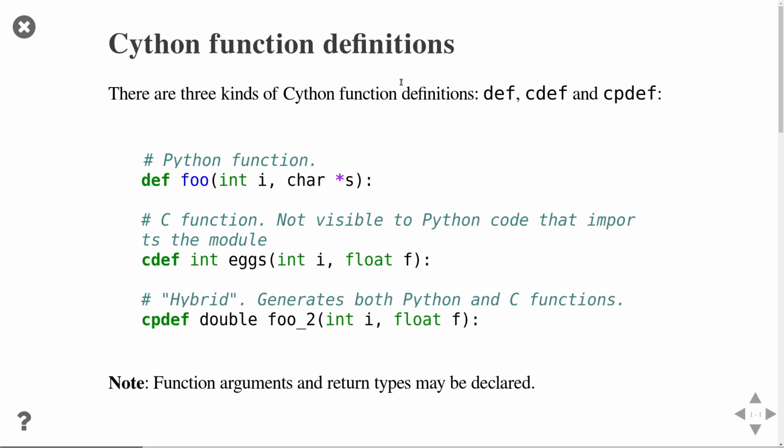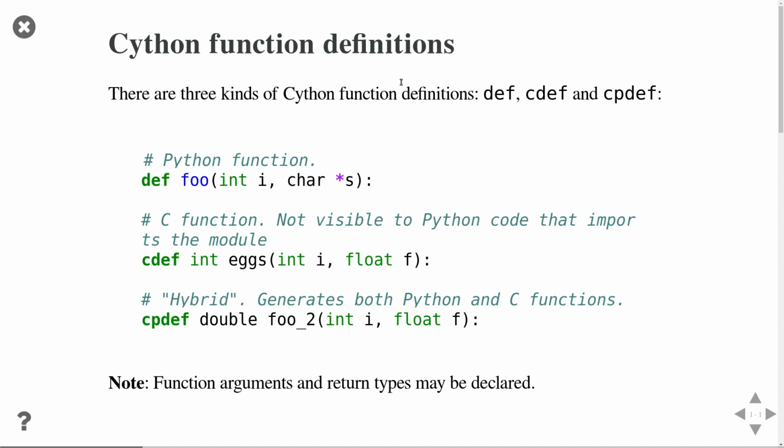If you use cdef, then Cython will compile this function into a C function, and it will only be accessible within your Cython module. It will not be accessible as part of the compiled module. So if you compile this file, you will be able to access foo, but you will not be able to access x, because it's a pure C implementation that is not exposed through the Python module.